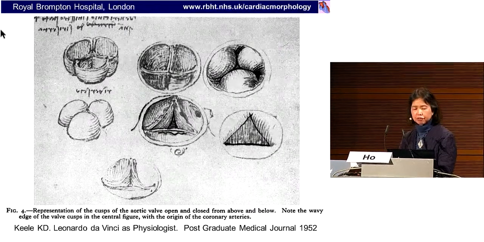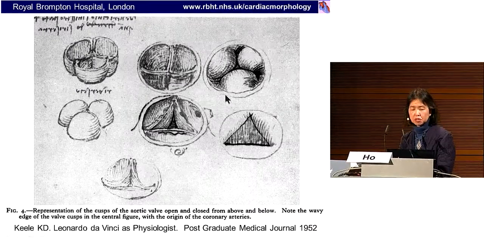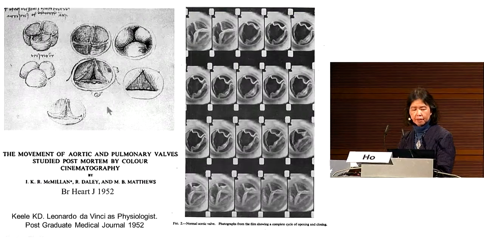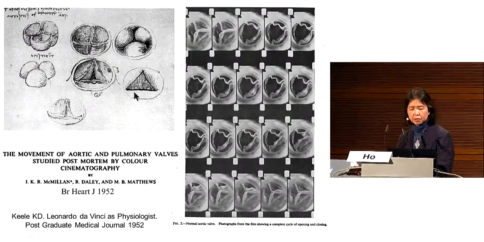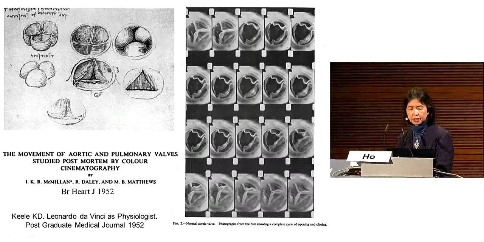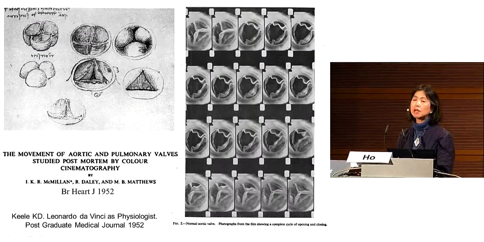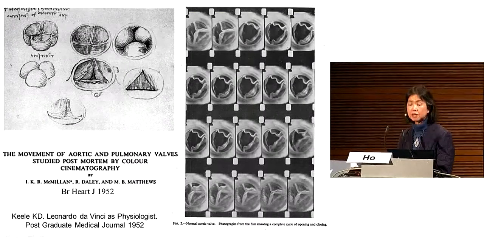Keele pointed to the fact that when you look at Leonardo's diagrams, you could see perhaps this represents a bicuspid aortic valve, and this represents a truly tricuspid aortic valve. But look in more detail. Keele pointed out that Leonardo observed in his immaculate, detailed and accurate drawings the crinkled edges of the leaflets of the valve when they close.